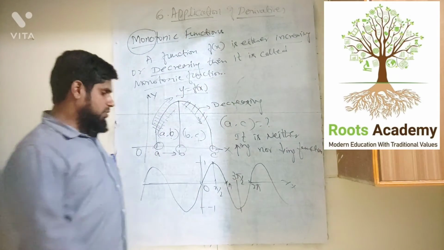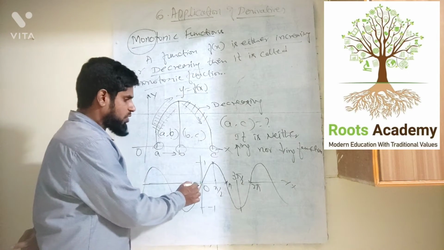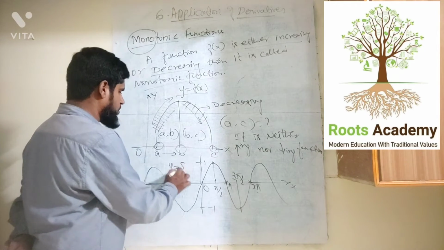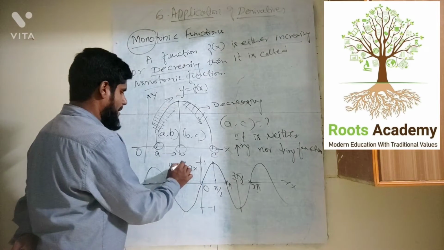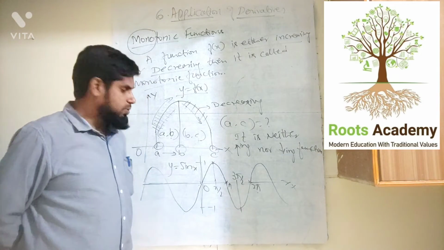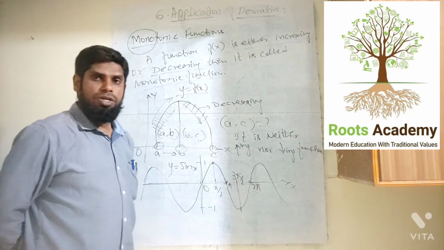So student, if I take the limit 0 to 2 pi, what happened to the sine function, y is equal to sine x? I cannot give any conclusions here. It is both increasing and decreasing.